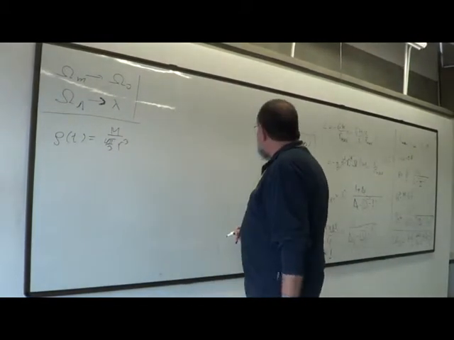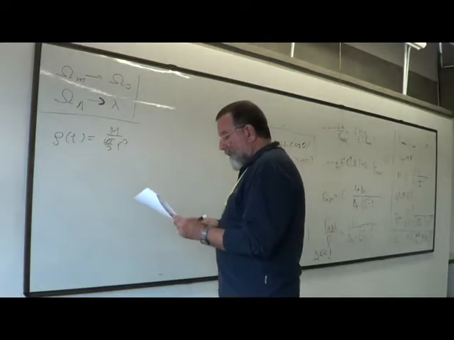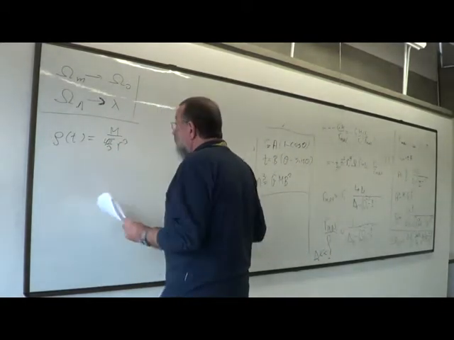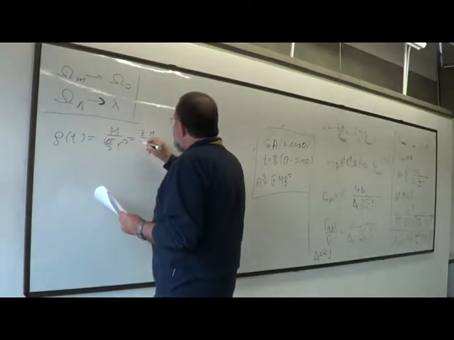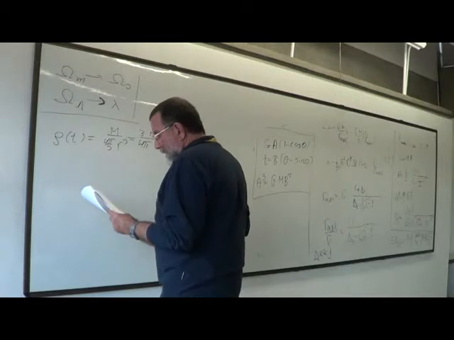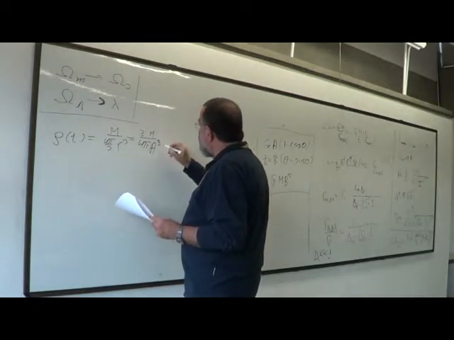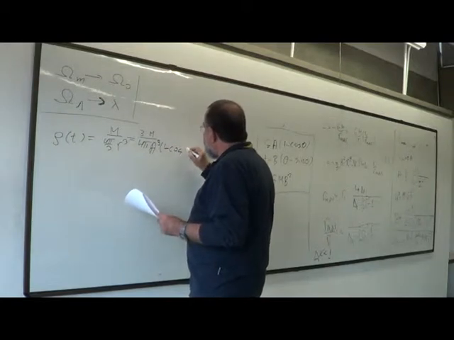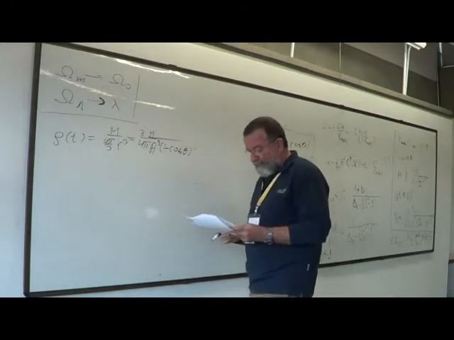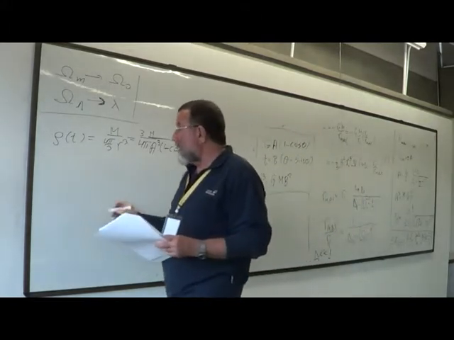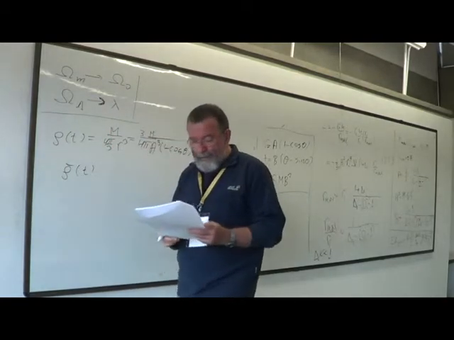Now, the r cubed is given here, so what we have is equal to 3m divided by 4 pi a cubed, times 1 minus cosine theta cubed. All right? And rho of t is the evolution of the density.